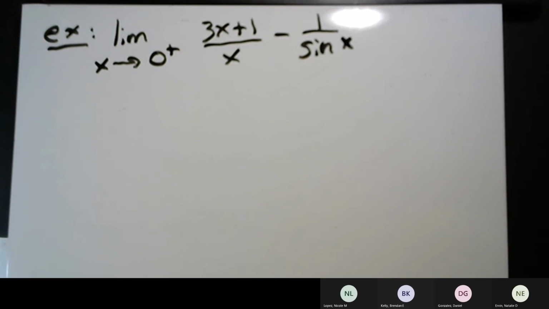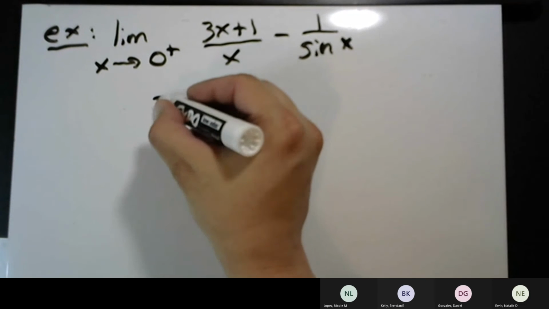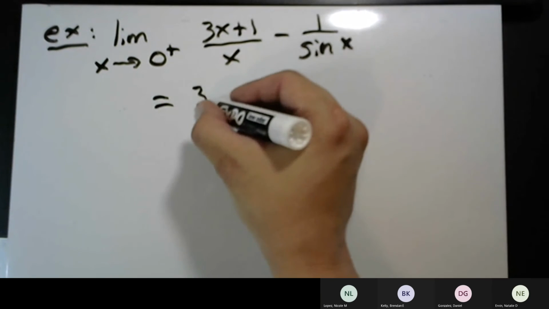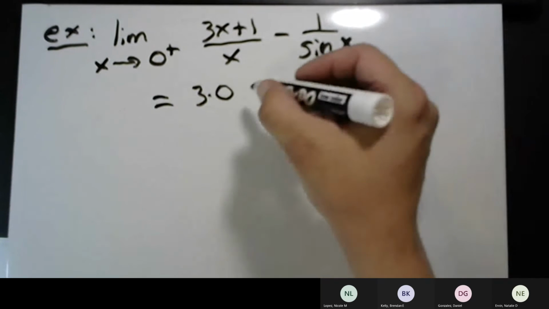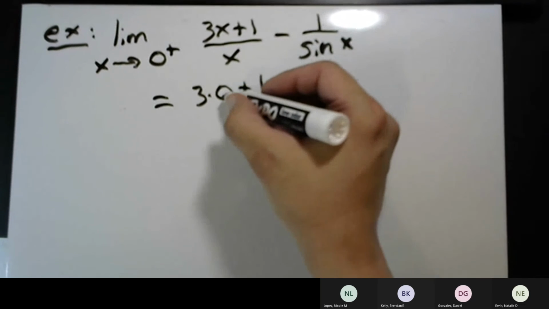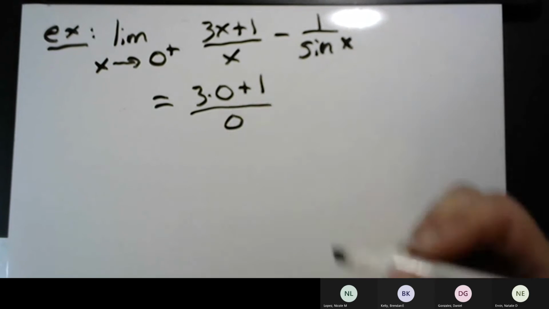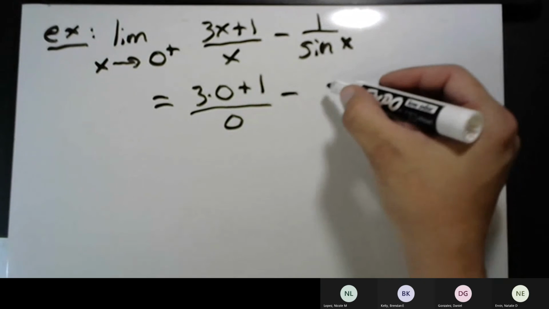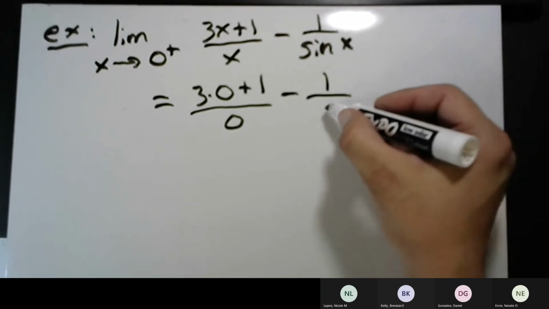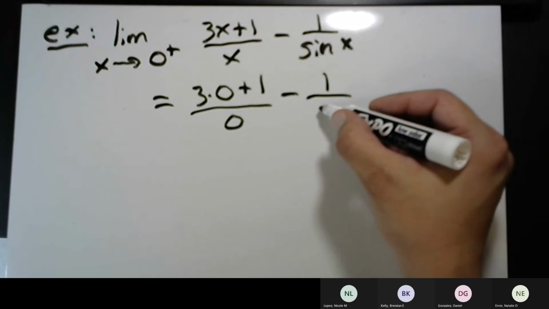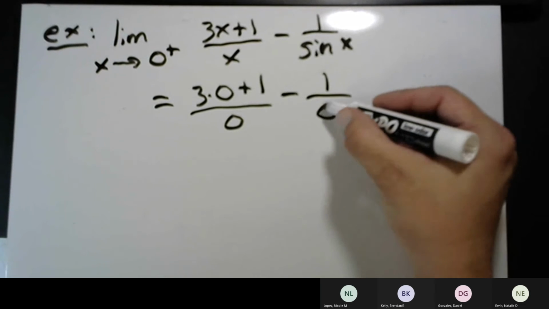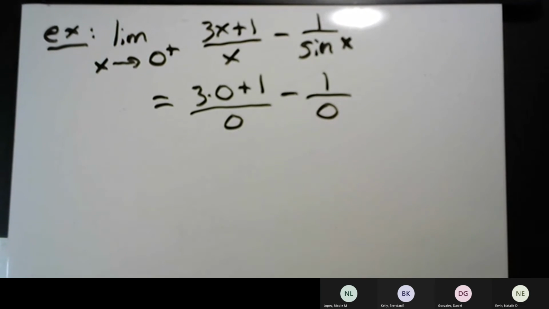So if you do your substitution, we're going to get roughly 3 times 0. It's really tiny numbers to the right of 0. I'm getting a little ahead of myself.